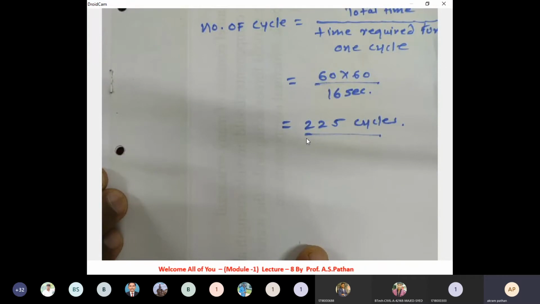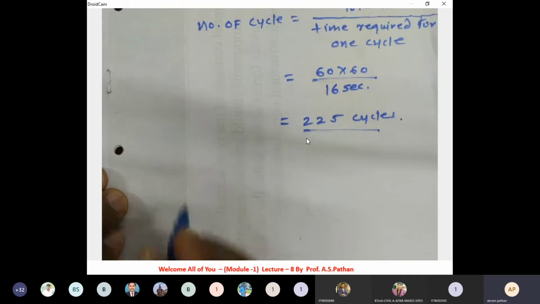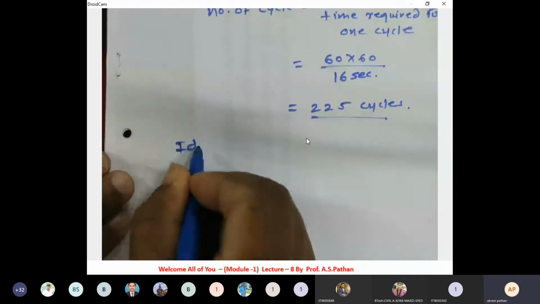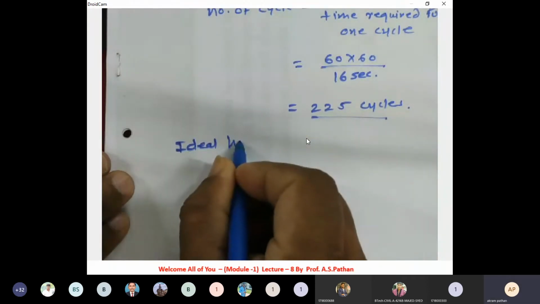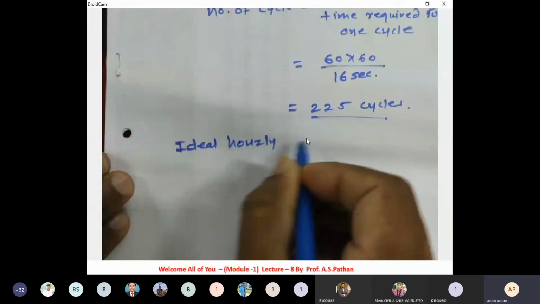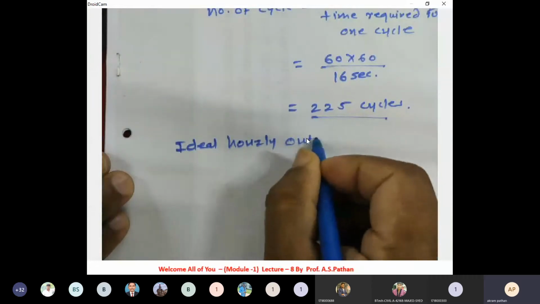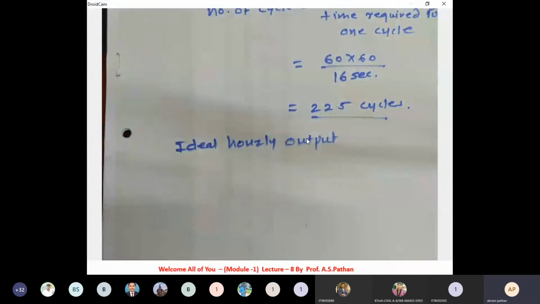Then we have to calculate the ideal hourly output. So how will you calculate the ideal hourly output?